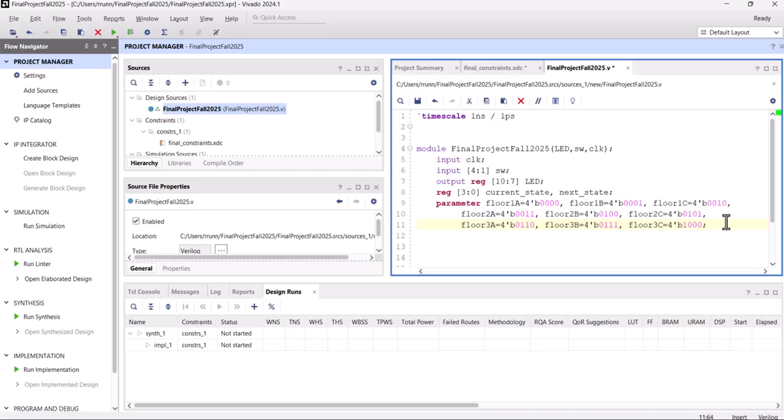And if you haven't watched the video or haven't thought about what your states are going to be, it's not going to make any sense to you. But you need to think about what states you're going to have.